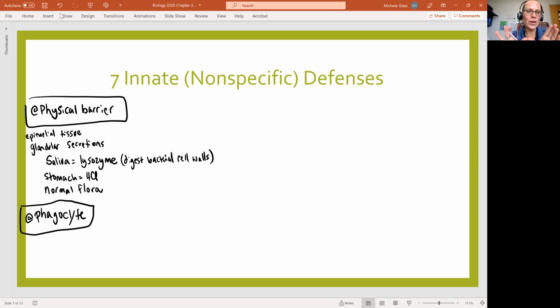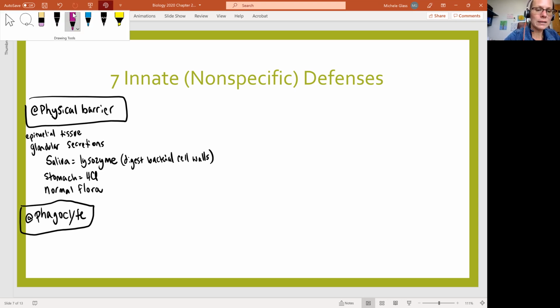They don't know who they are, but just that they're not you. They can engulf those and bring them into their cell using what's called a phagosome. This is not an infection. The phagosome can fuse with a lysosome to help digest that organism. So that's a way of actually eating pathogens and debris.